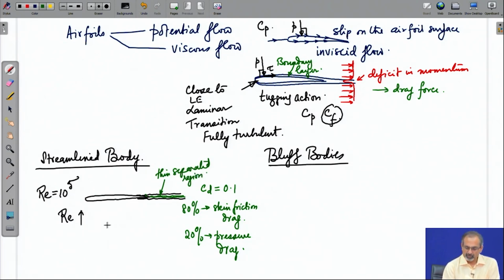As the flow becomes more and more turbulent, which happens as Reynolds number increases, then most of the CD would become skin friction drag and pressure drag could reduce further.